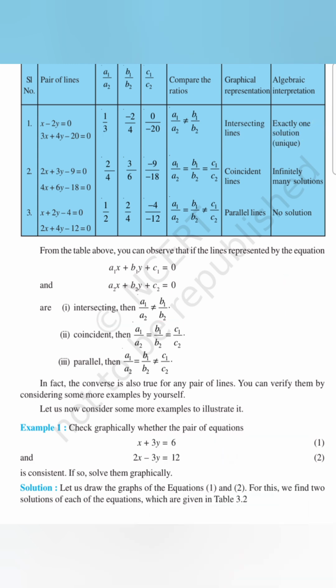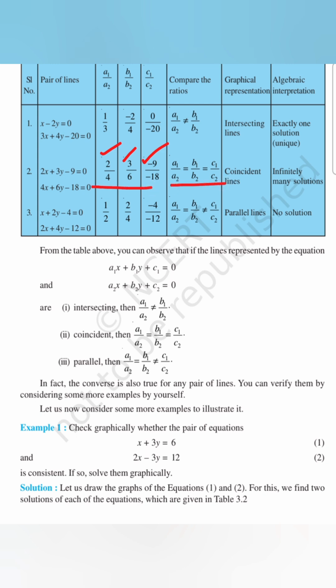Now consider second example. You have two different equations. Consider coefficients of x as a1 and a2, coefficients of y as b1 and b2, and the constant terms as c1 and c2. Write the ratios in the next three columns. Look for the ratios. When you simplify them, each will be 1 by 2.